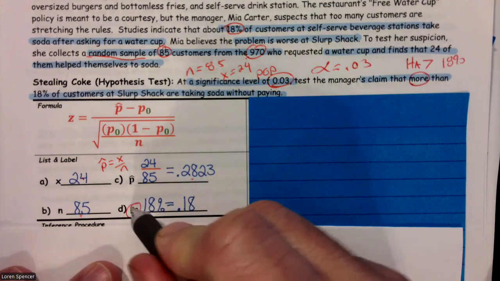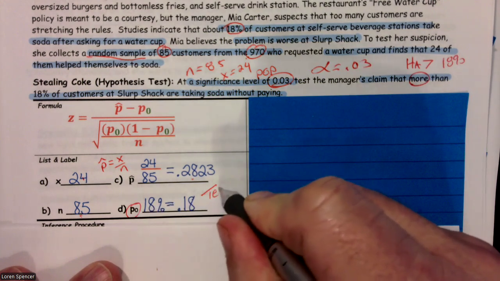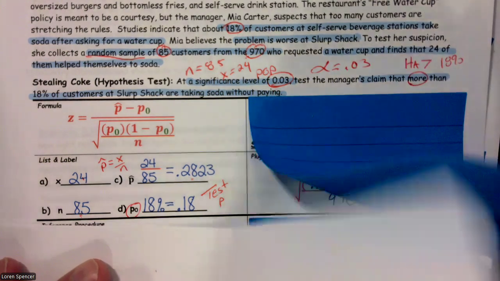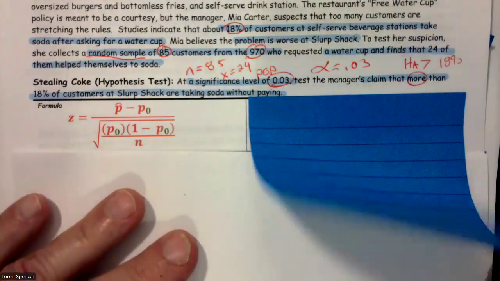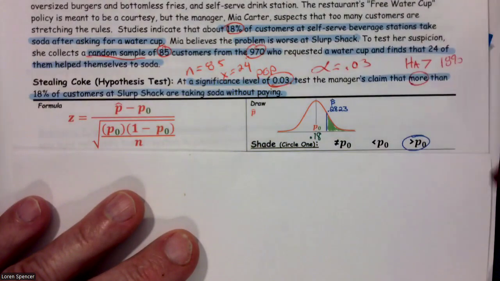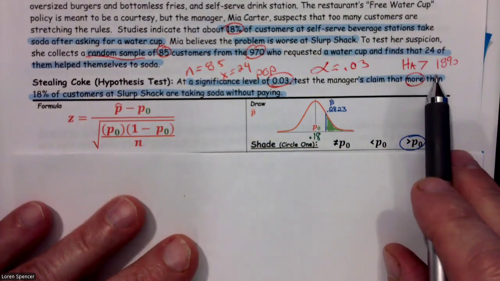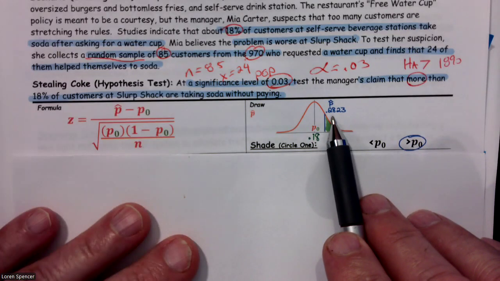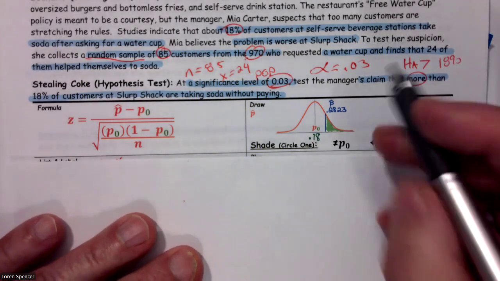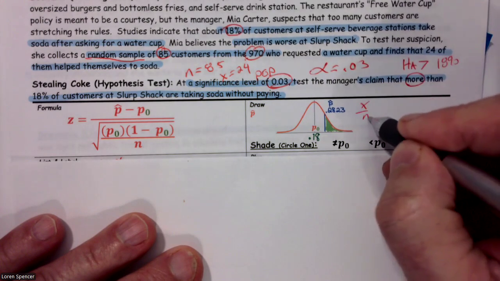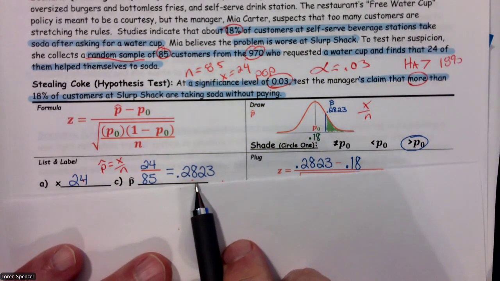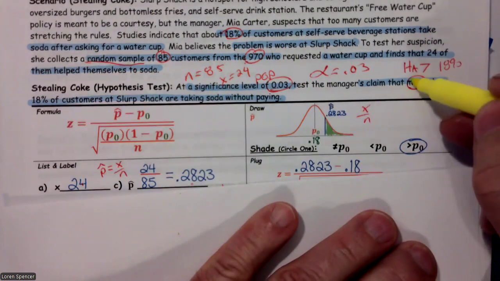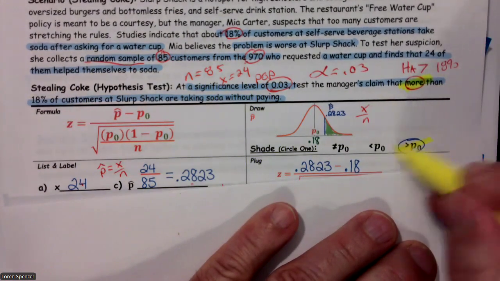Because it's a test, whenever it's a test, we're centered on P. If it's a confidence interval, we're centered on P hat. So we already said the population proportion is 18%, and there it is centered on that. We said that 0.2823, which came from our X over our N that we had right here. And we indicated that they wanted more, and so that's a greater than.